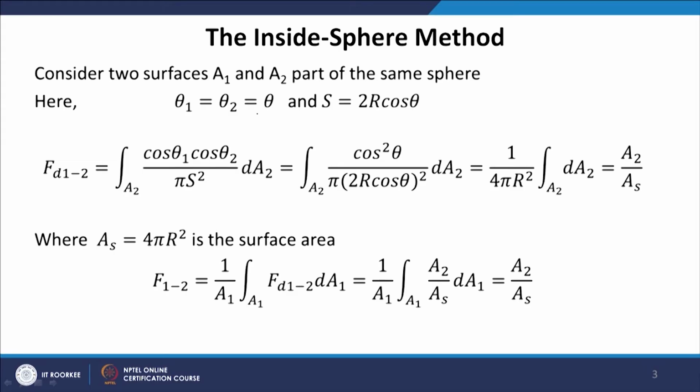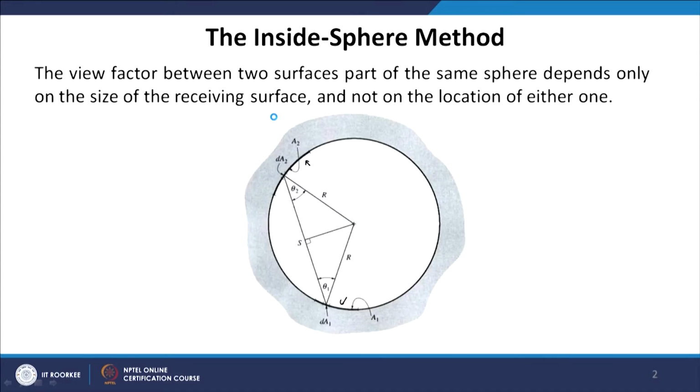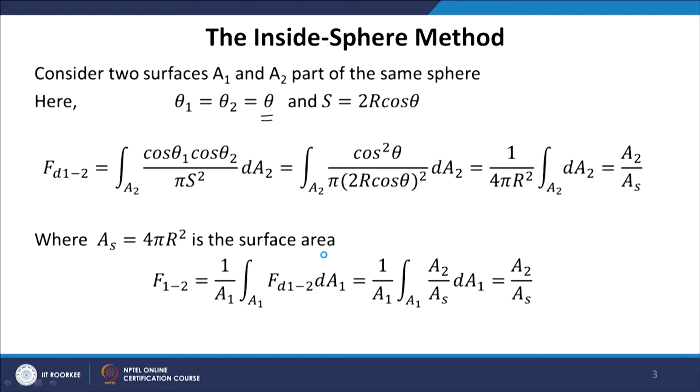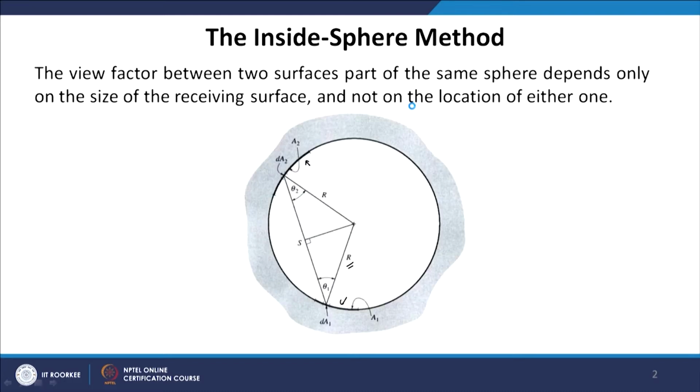Now, from purely geometrical considerations, we can say that theta 1 and theta 2 are the same, and let us say the value is equal to theta. This angle is decided by the radius r and the chord length. So, we can write the distance between the elements dA1 and dA2, that is S, equal to 2 r cos theta, from the triangle given on this slide.